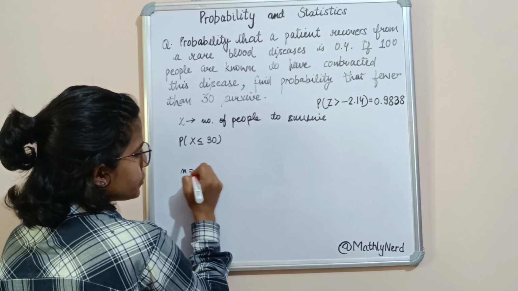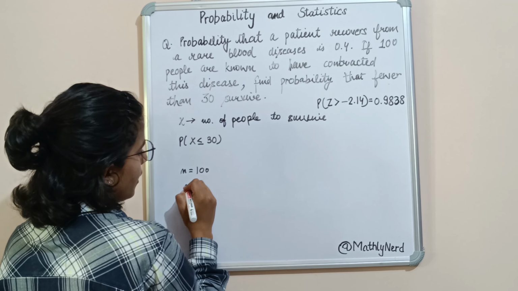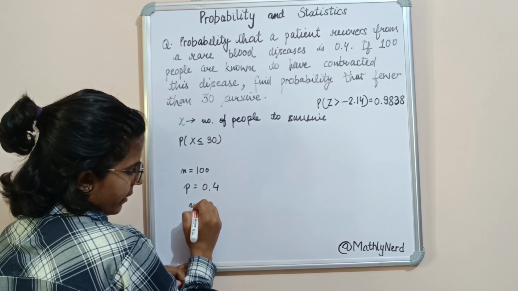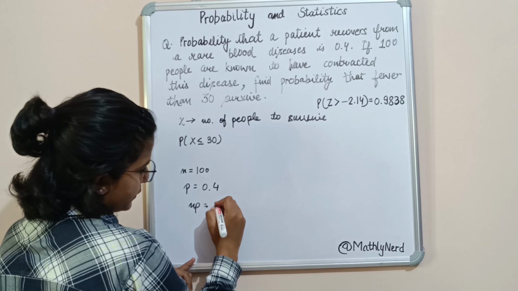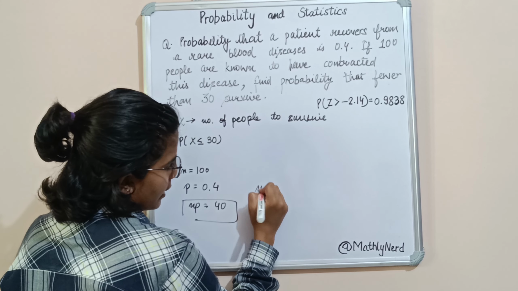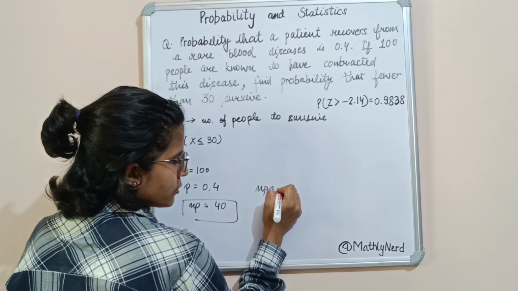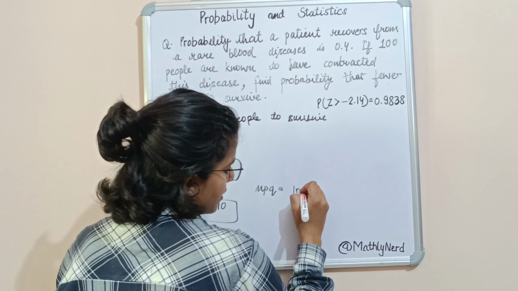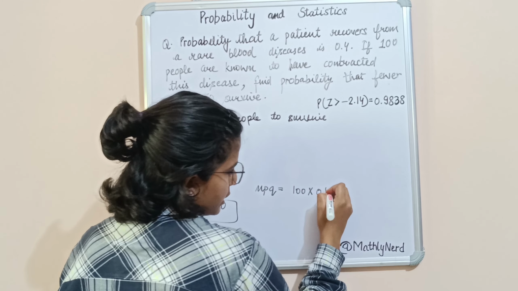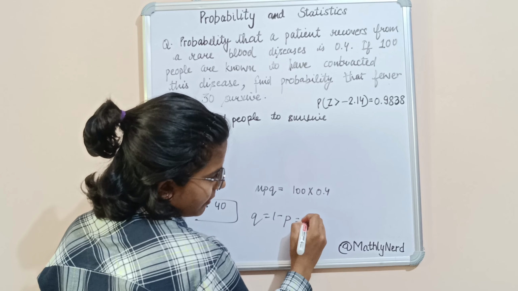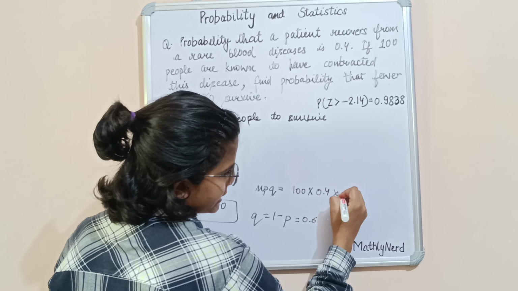Our n equals 100, p equals 0.4, and np will be equal to 40, and npq equals 100 into 0.4 into 0.6, since q equals 1 minus p, that means 0.6.